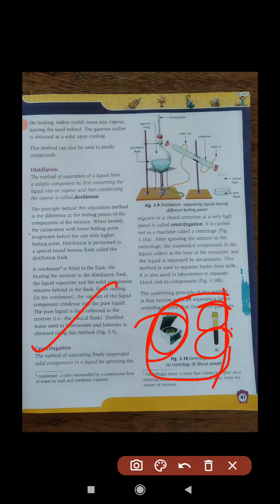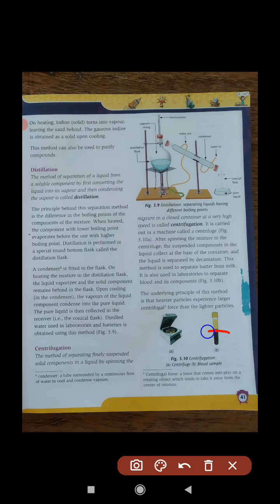The solid components, meaning WBC, RBC and platelets, are 40%. So how will they separate? By the centrifugation method, the solid blood particles are separated from the liquid part.